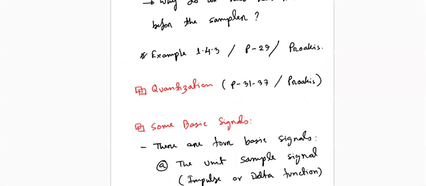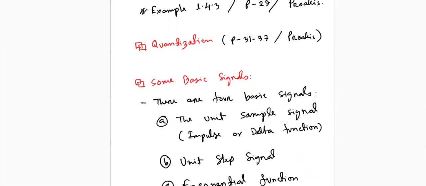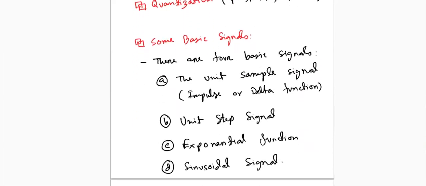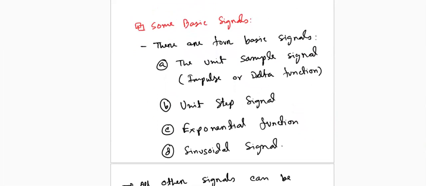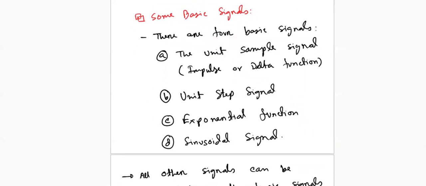Okay, let me start today's lecture. We have already given the lecture up to this, so now we can move forward. There are some basic signals. You have already known about these signals in your continuous time domain, and we can also represent them for the discrete time domain.